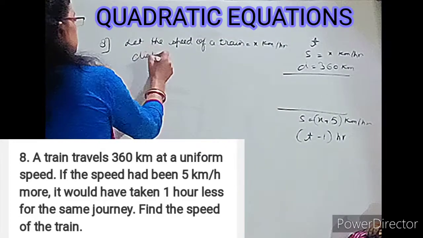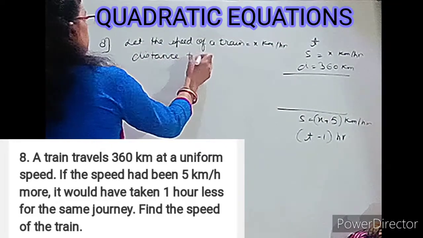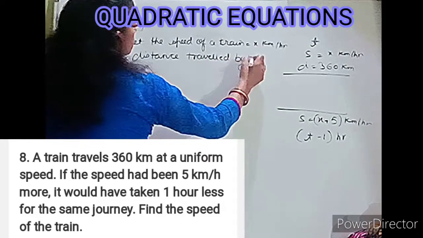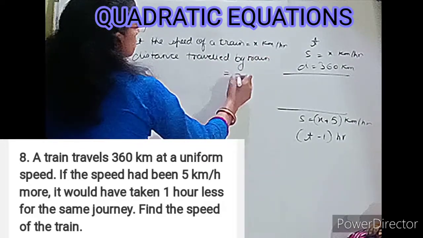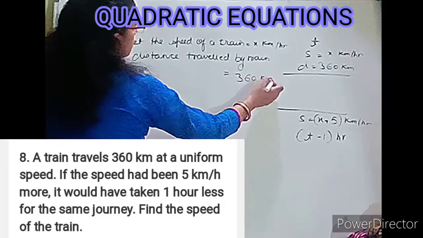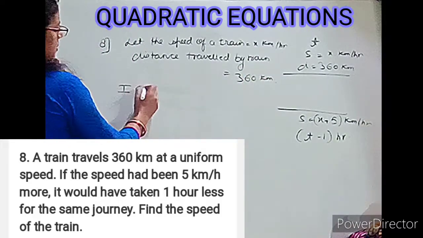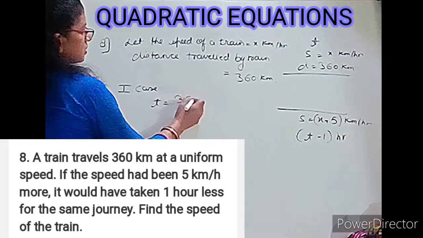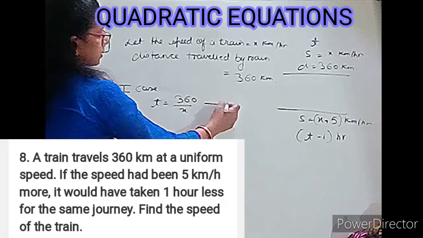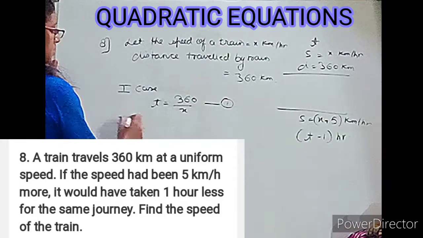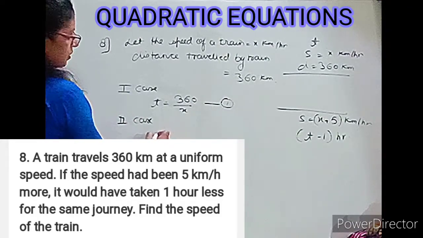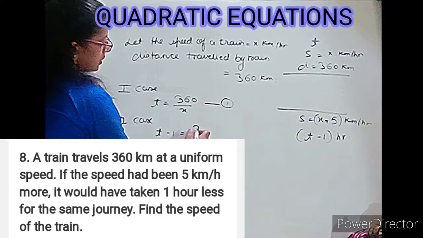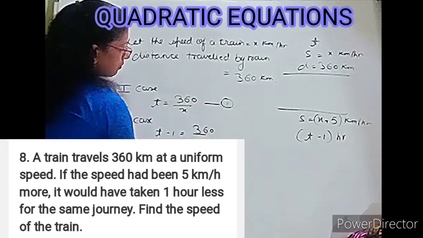The distance traveled by the train is 360 kilometers. In the first case, time equals distance upon speed, which is 360 upon x. This is equation number 1. Second case, when the time will be 1 hour less, distance upon speed will become 360 upon x plus 5.